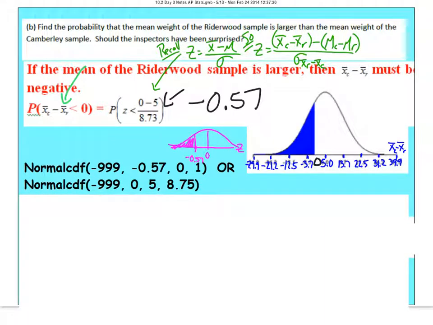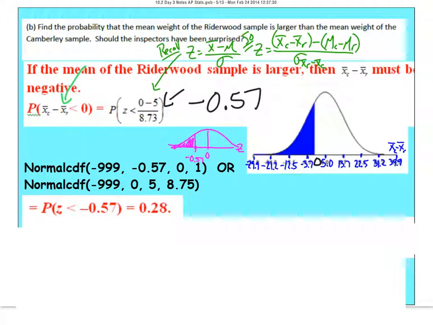Now if I keep just the raw data that we had before for the mean and standard deviation, this is another way to look at the curve: I want to have it from negative 999 to 0 as my weight. But the mean of my distribution was this, and this was my current standard deviation. If you do that, you end up getting that the probability is 0.28 with either of those formulas.